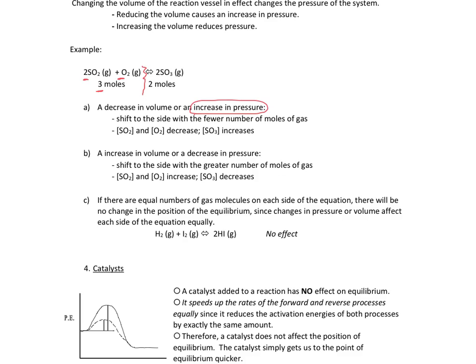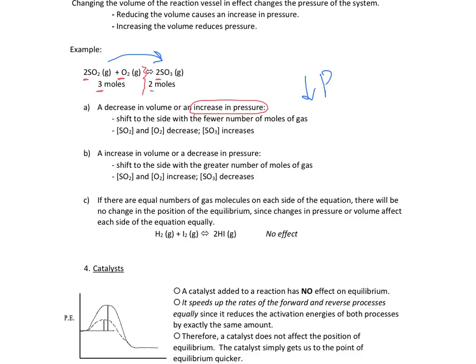On the product side, we create 2 moles of sulfur trioxide, or 2 moles of gas in total. If we increase the pressure, the equilibrium will want to shift in order to decrease the pressure. In order to have less pressure, we have to shift to the side with fewer moles. Therefore, it's going to shift to the right, or towards the products.